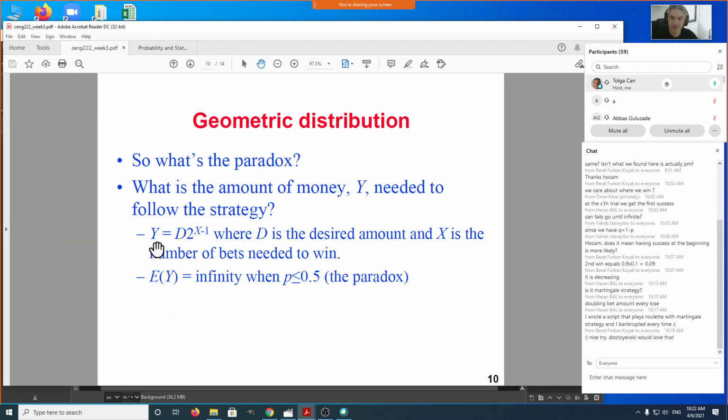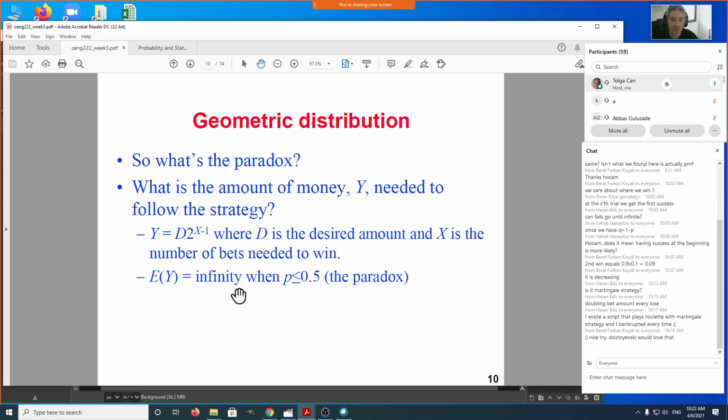Here, the expected value of the sum of the amount that you're going to bet is going to be d times 2 to the power x minus 1, where x is our number of trials. The number of trials random variable is our geometric variable. X is our geometric variable. Y is this sum.